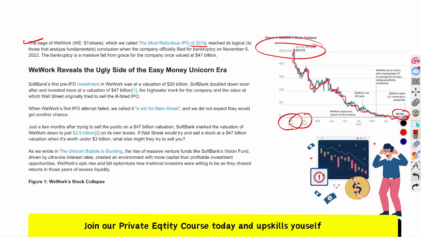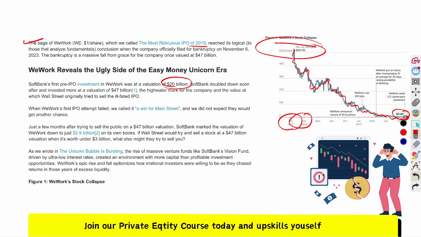SoftBank's first pre-IPO investment in WeWork was at a valuation of 20 billion. SoftBank doubled down soon after, investing more at a valuation of 47 billion, the high watermark for the company and the value at which Wall Street originally tried to sell the ill-fated IPO.